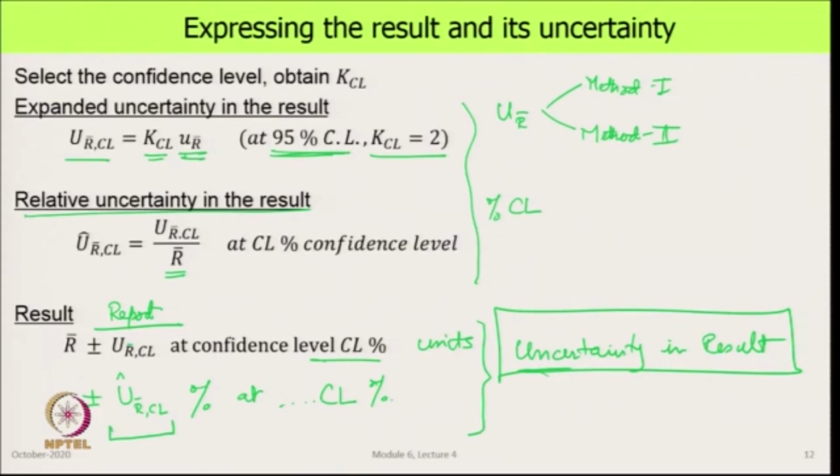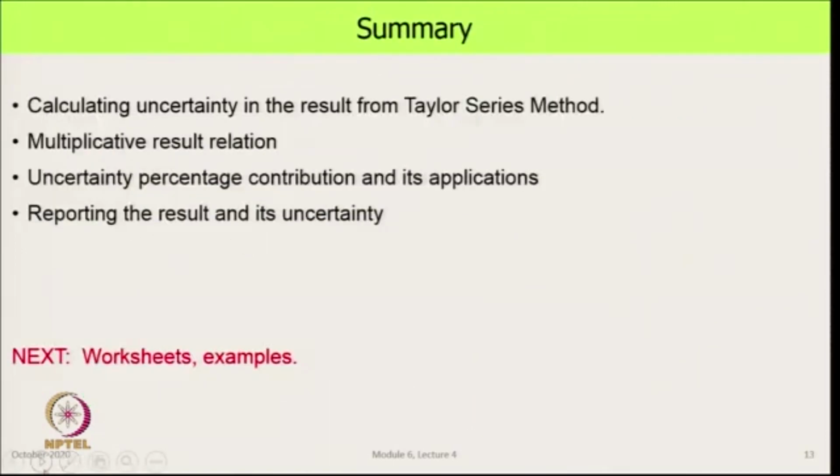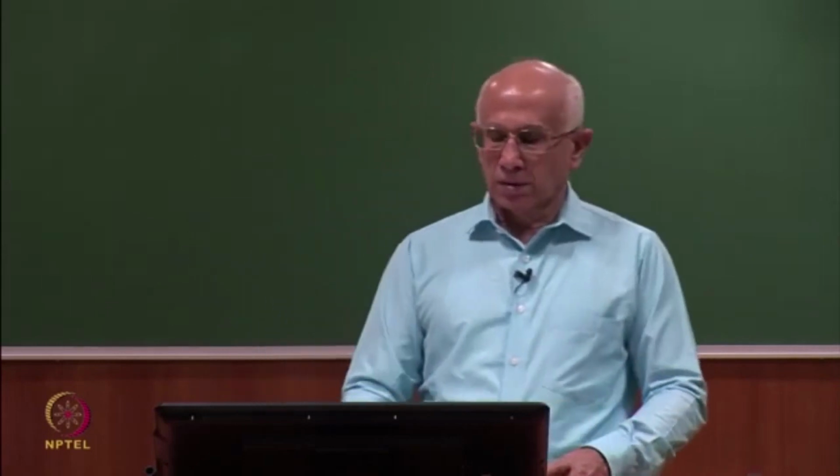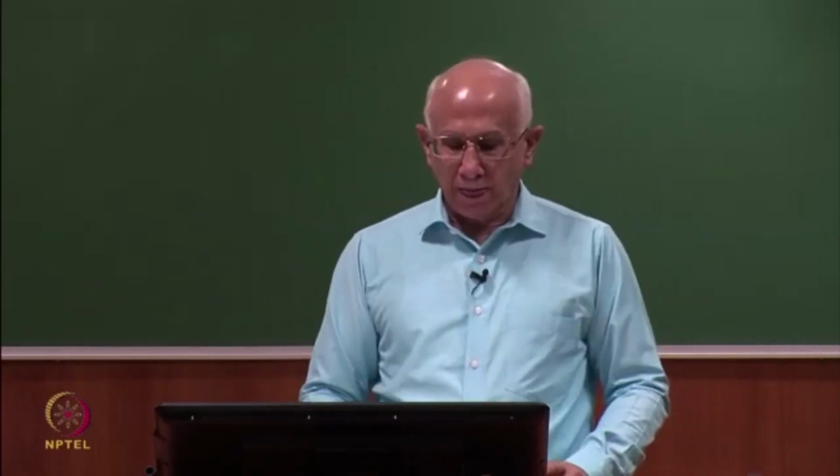Method 1, method 2 we have looked at. We also looked earlier at the multiple test, repetitive test technique. All of them gave us the answer for this question. So, this was the objective of this module. So, we summarize this lecture.